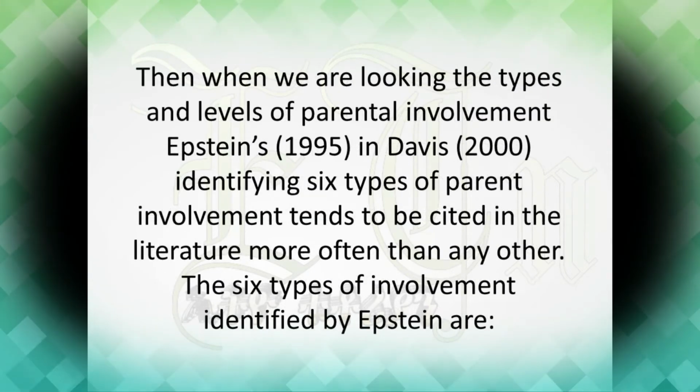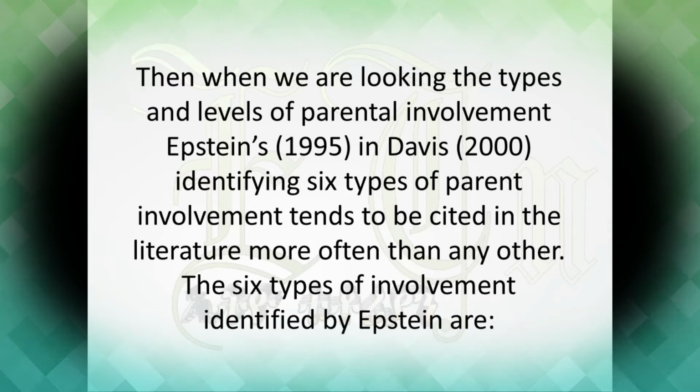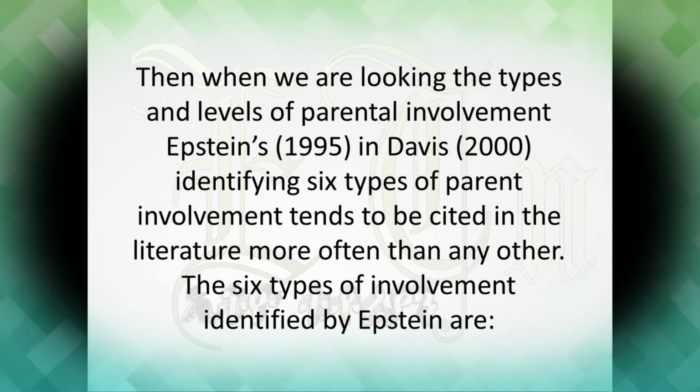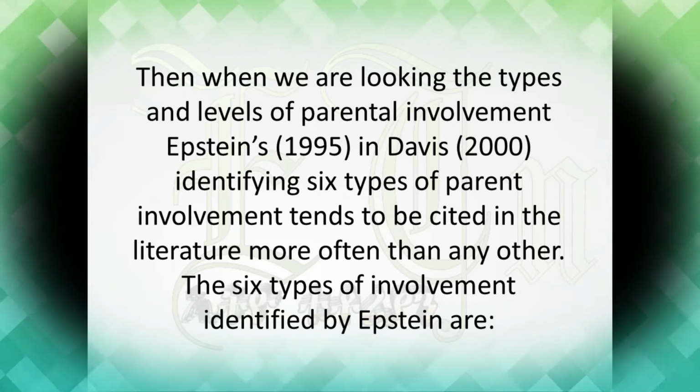Then when we are looking at types and levels of parental involvement, Epstein's, 1995, in Davis, 2000, identifying 6 types of parent involvement tends to be cited in the literature more often than any other.